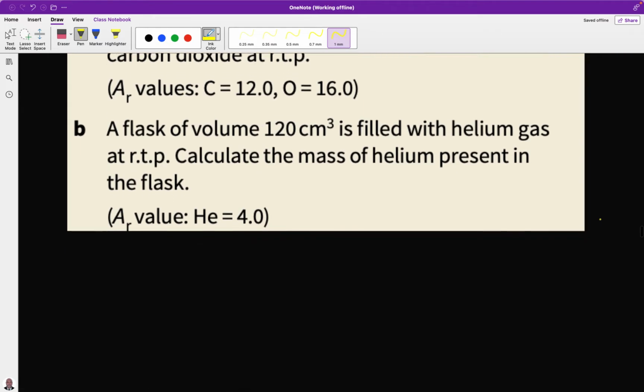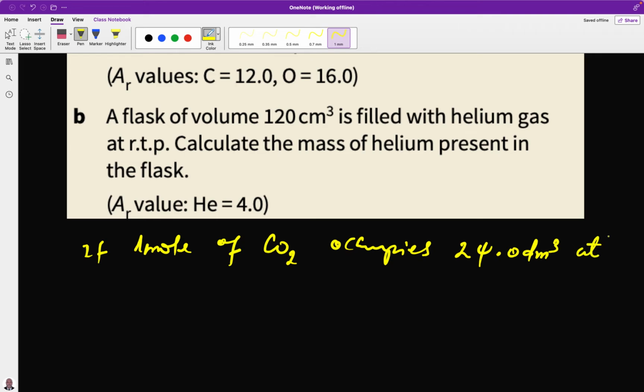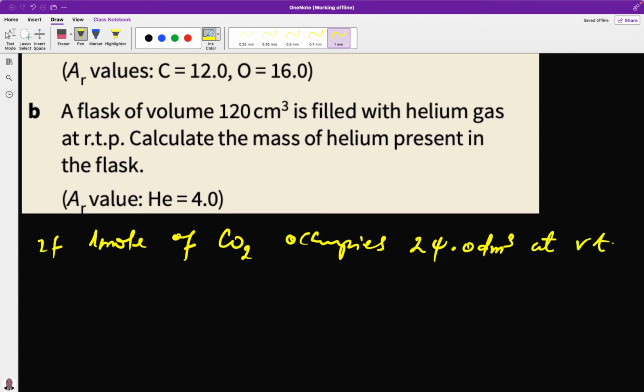So now, our simple proportion will be: if 1 mole of carbon dioxide occupies 24.0 dm cube at room temperature and pressure, therefore 0.6 moles of carbon dioxide will occupy what?